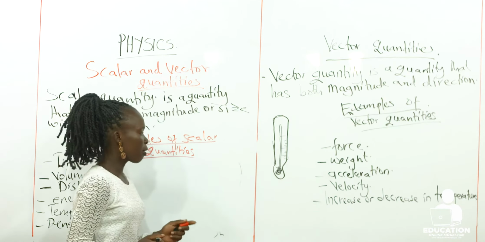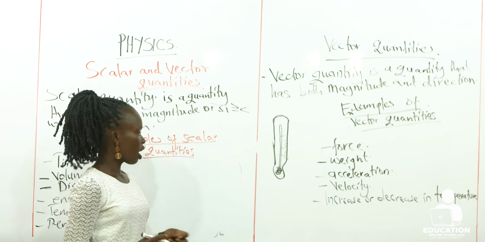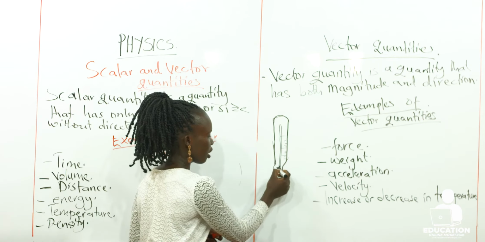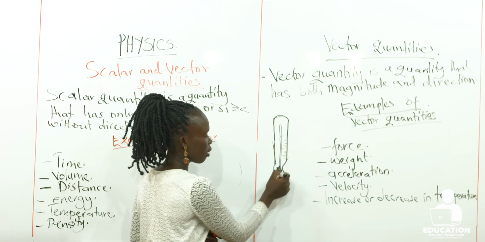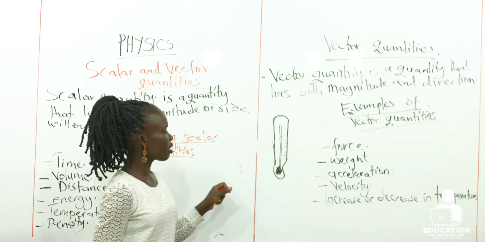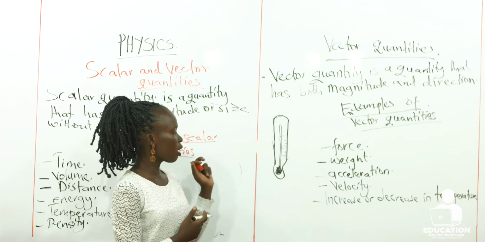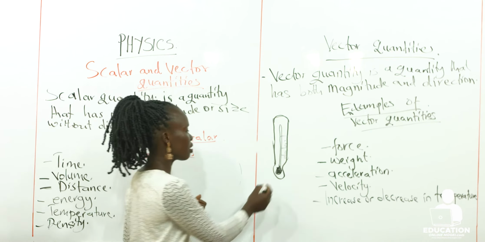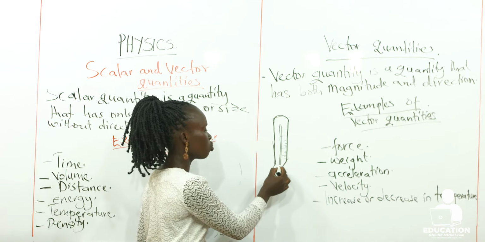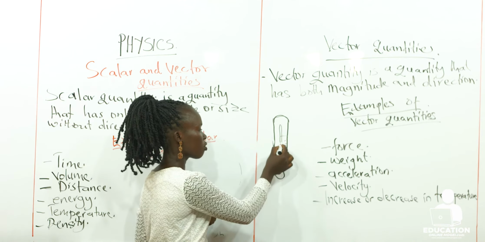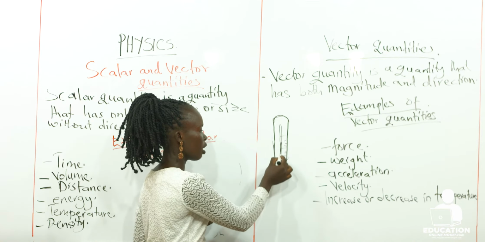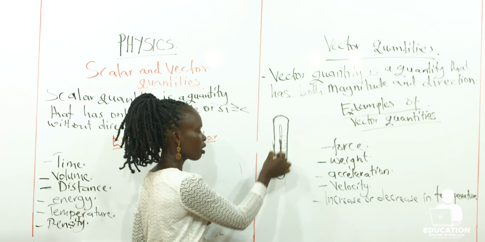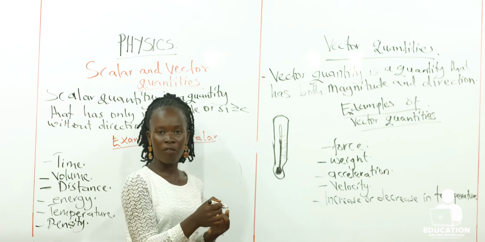At first, you see that the alcohol, the liquid here, is only at this bulb. The moment you put it on my body or under my armpit to determine my temperature, you'll see that this alcohol will try to move upwards. You'll see it moving in this space here, meaning that there is an increase in the temperature of my body.